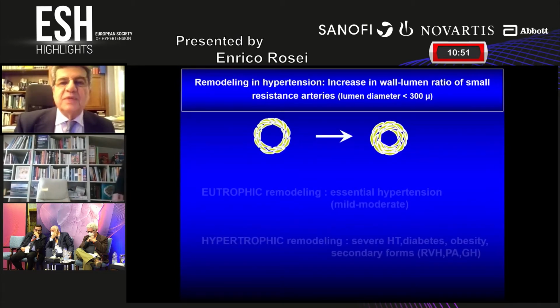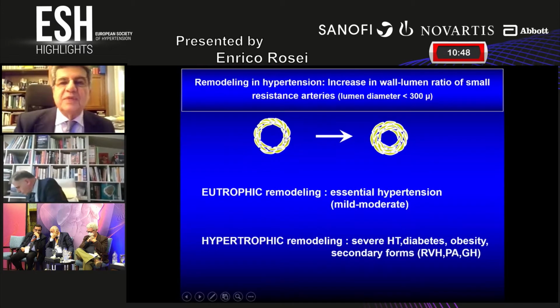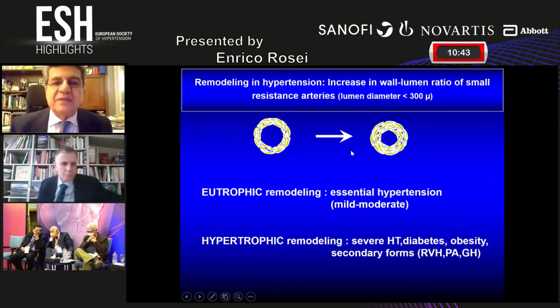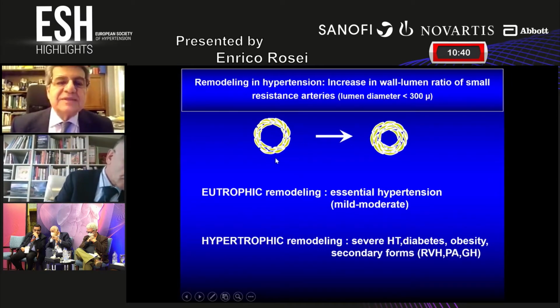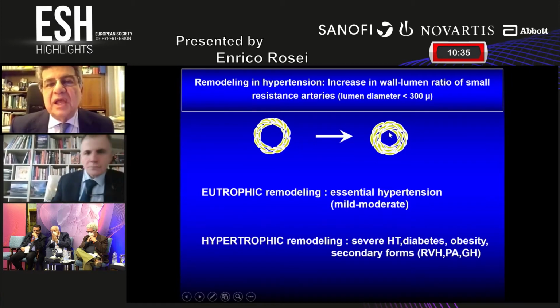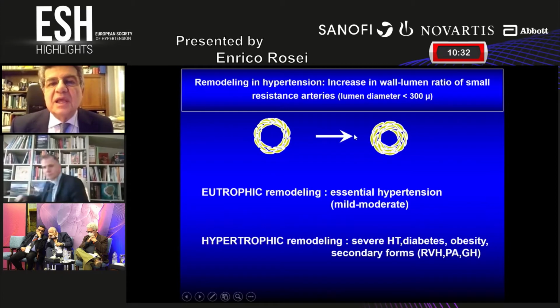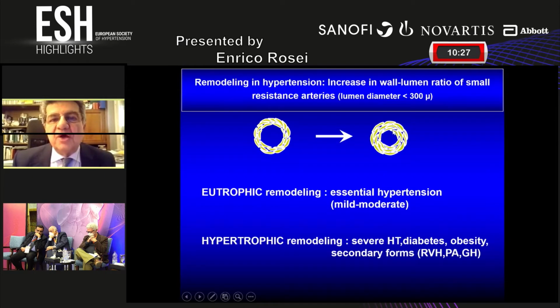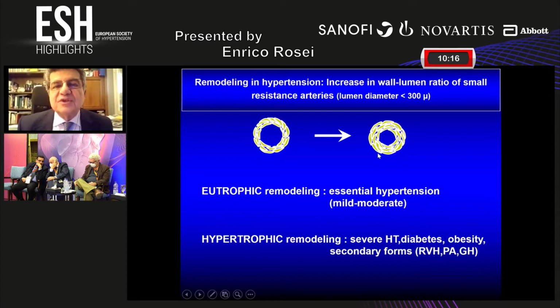Well, using this rather complex technique, we have had several important pieces of information. First of all, very early during the disease, the small artery undergoes a remodeling that usually induces an increase in the wall thickness and a reduction of the diameter, according to a mechanism of rearrangement of the same material, of the smooth muscle cells around the lumen, that leads to this increased wall-to-lumen ratio.